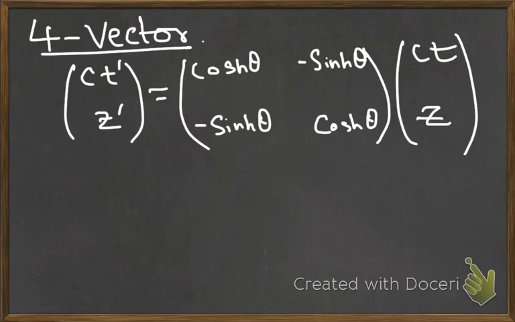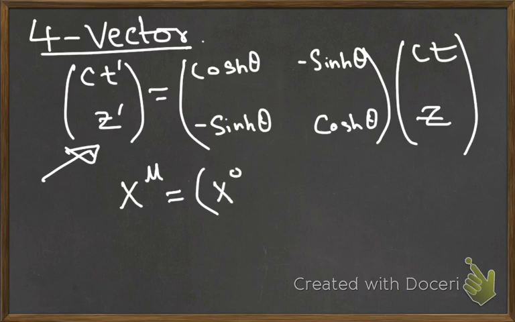Right? Now, any set of 4 quantities that transform as such is called a 4-vector. So, let's say that we have some x contravariant, which will be then written as x superscript 0.